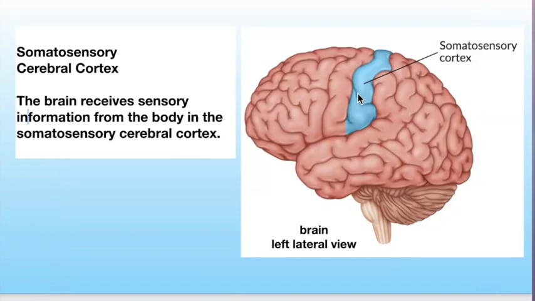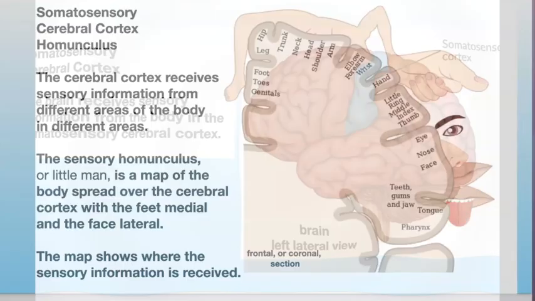I know it doesn't look like it, but if you make a dividing point just anterior to it, then it's in the posterior. And actually, a lot of the posterior brain from the somatosensory cortex onward is involved with receiving sensory information. We'll learn a lot about that in the lectures to come that talk about the brain and the different areas of it.